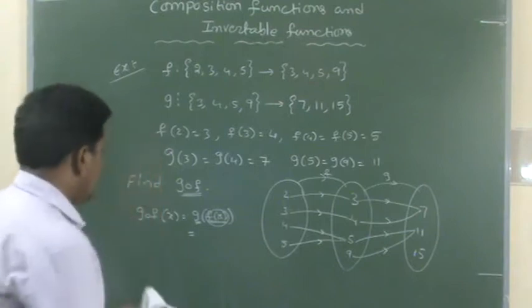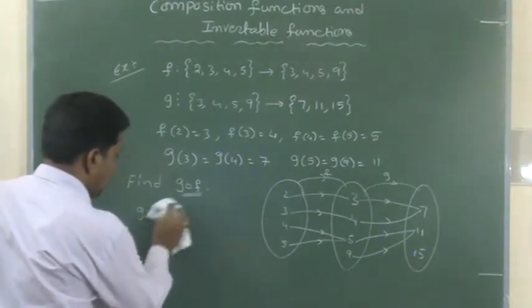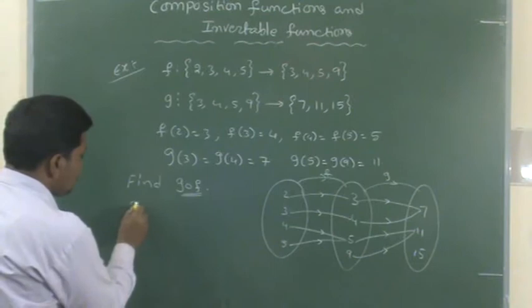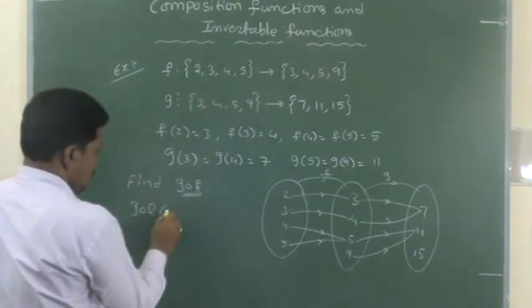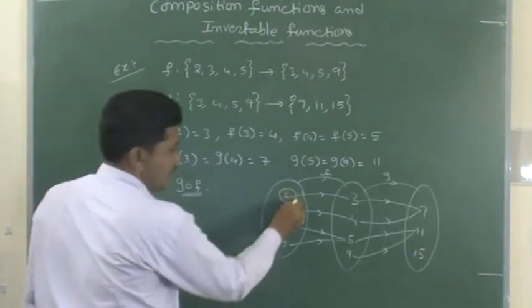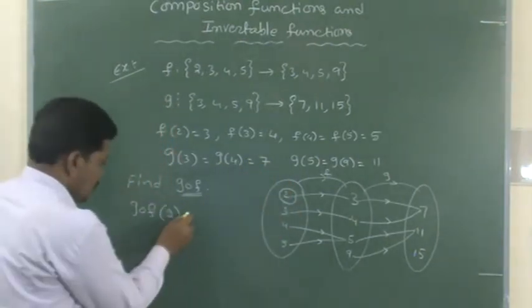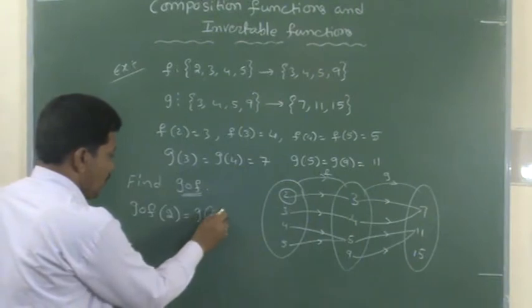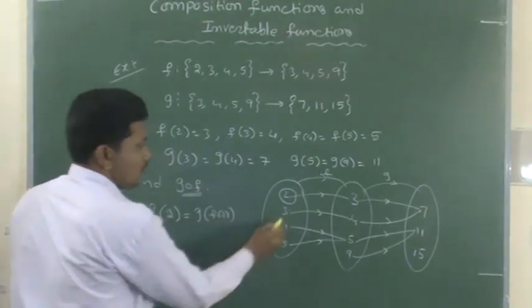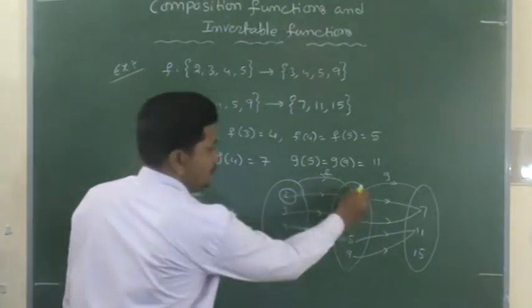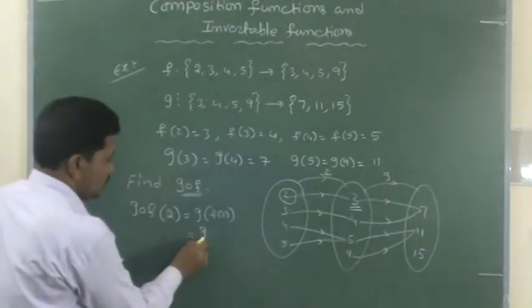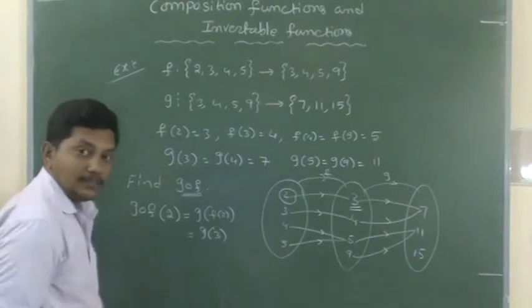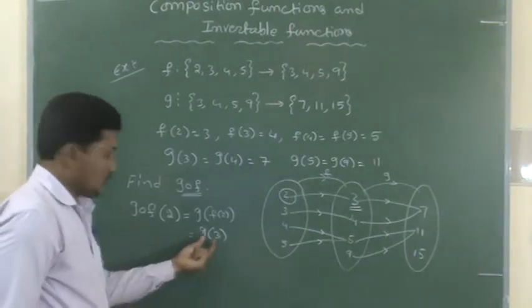Take one element in place of x. Now g of f of 2. What is f of 2? 2 maps to 3. G of 3. Are you understanding this point? This is very, very important.